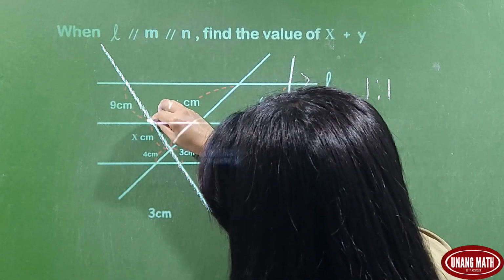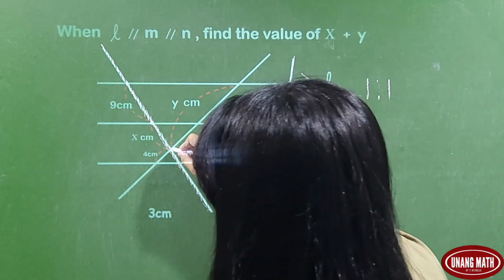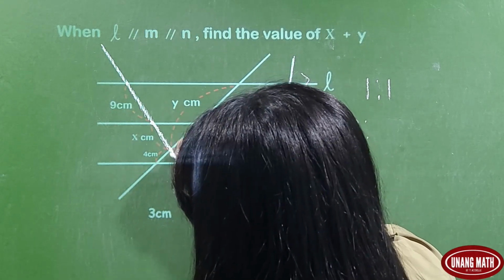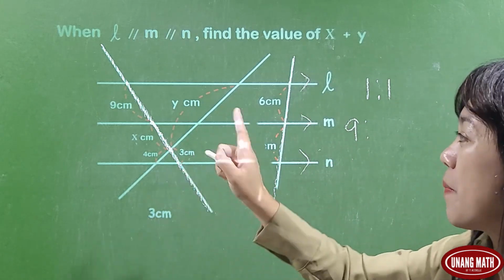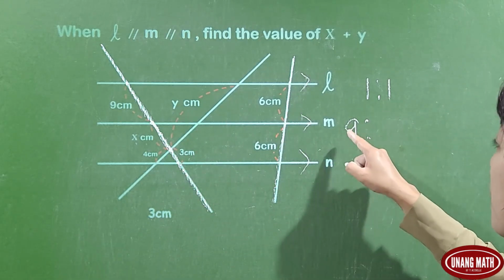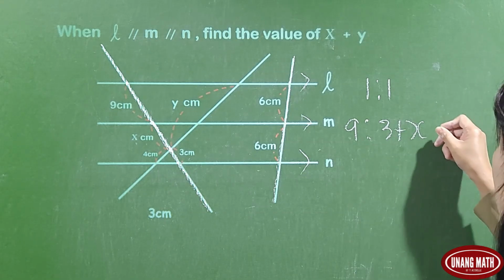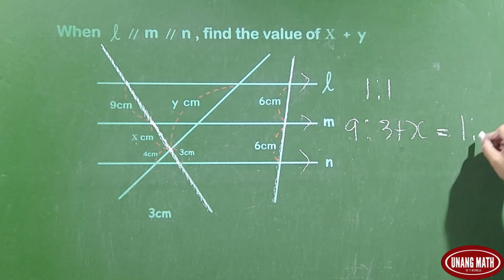Take note, from here to here is X centimeters. From here to this point is 3 centimeters. So from here to this point, that would be X plus 3. So this is 9:3 plus X.